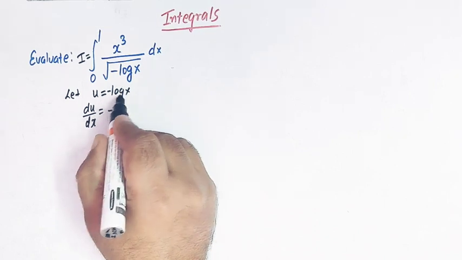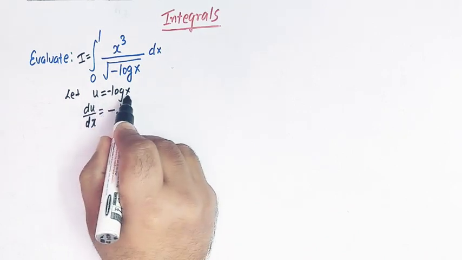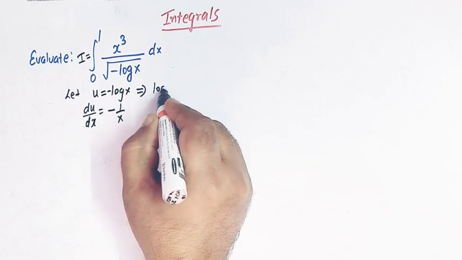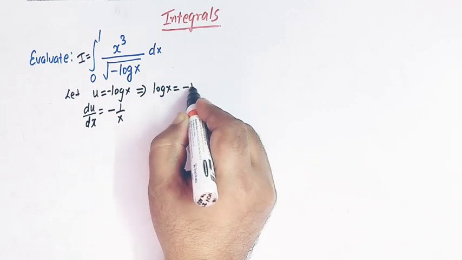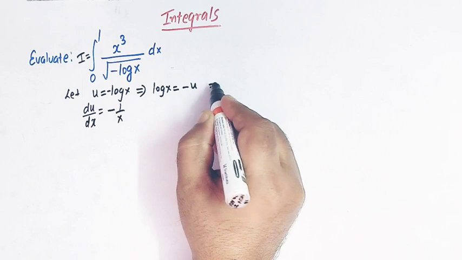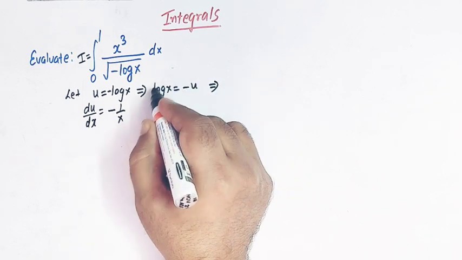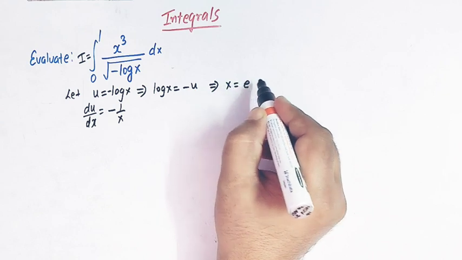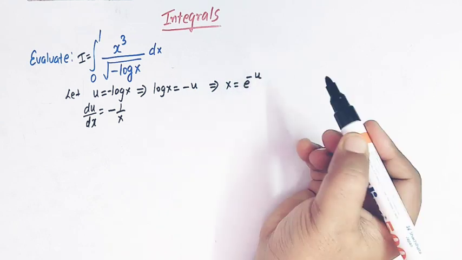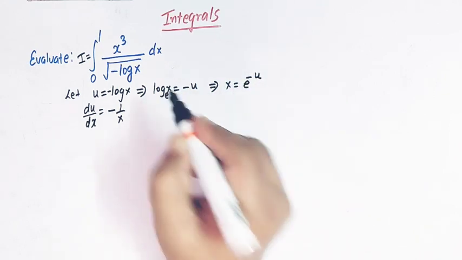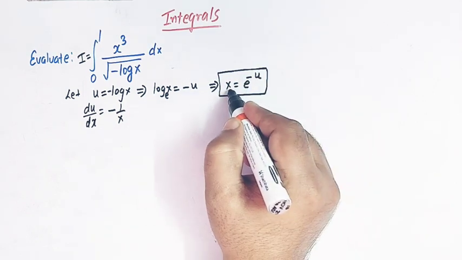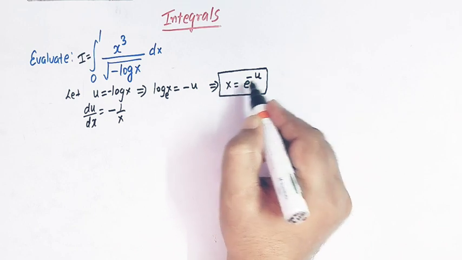Now see, we have u is equal to negative of log x. So from here we can write log of x is equal to minus u, and from the definition of logarithms, we can write x is equal to e raised to minus u, because here the base is e. So we have this expression which connects x and u.